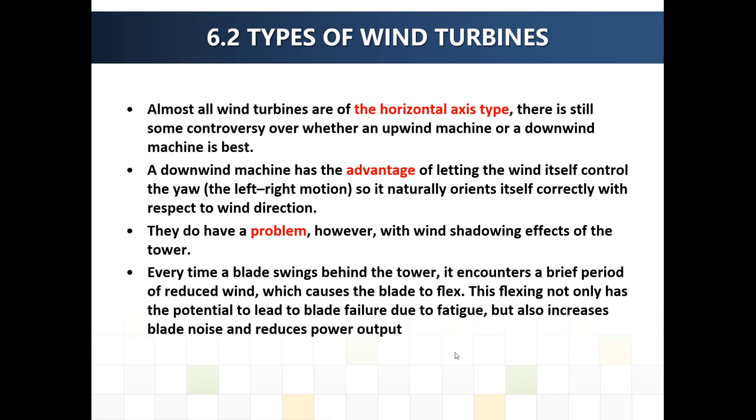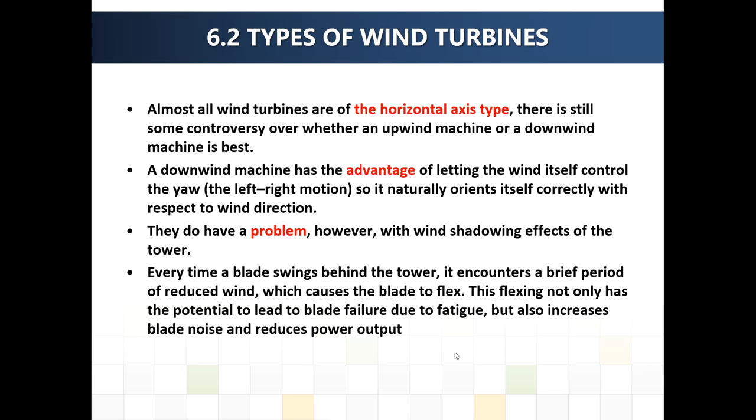But there is still controversy over whether an upwind machine or a downwind machine is the best. A downwind HAWT has the advantage of letting the wind itself control the yaw, so it naturally orients itself correctly with respect to wind direction.